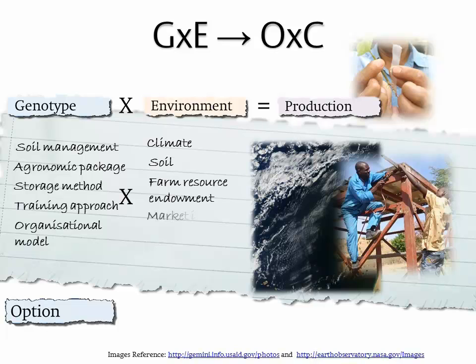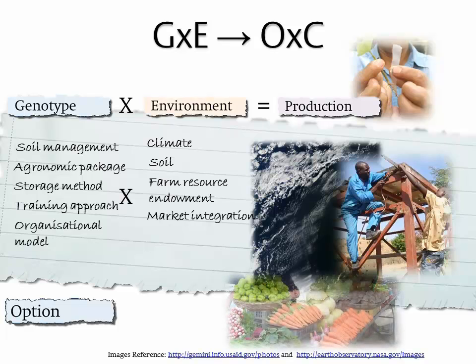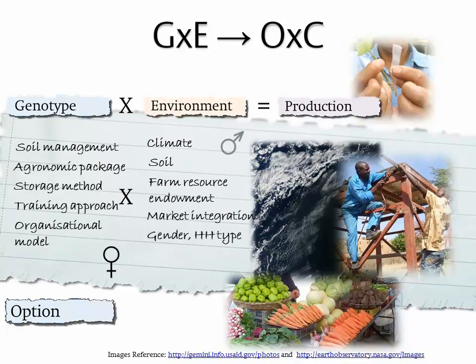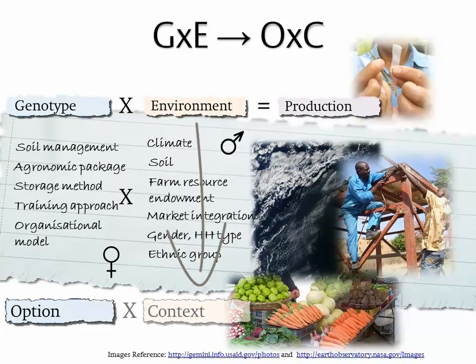The level of market integration of farmers is something else which determines what they're interested in and what they're able to use. We could look at more obvious social variables like gender or the household type or even ethnic group as components of the social environment which will interact with the options. So rather than just describing environment, we use the term context to describe the broad social, economic and ecological environment.